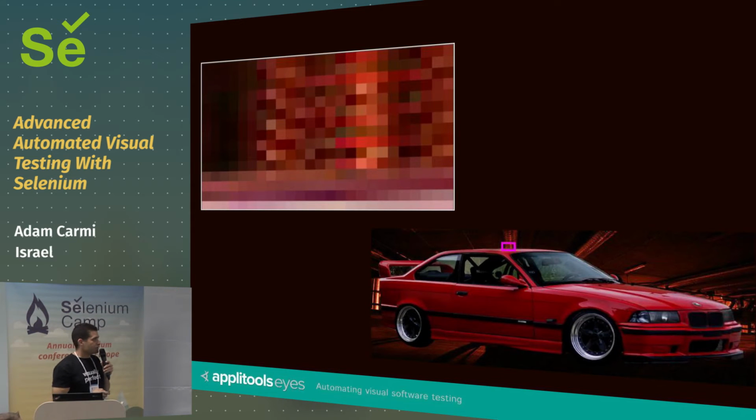The last example is also very common and has to do with image scaling. So whenever you have an image element in your web page or your mobile application, and the image that is being shown in that element doesn't have exactly the same size as the element that is being placed on the page, then the rendering engine has to scale that image so it would fit those bounds.